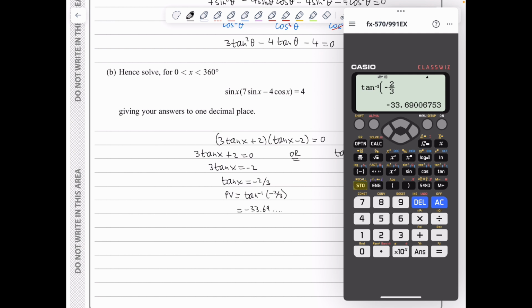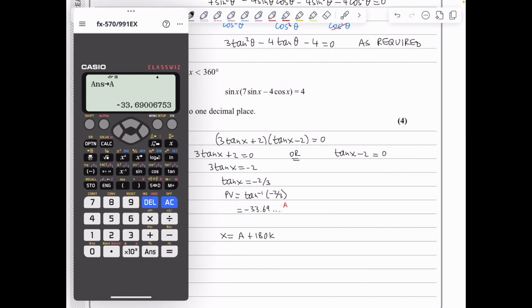I will store this in A to be used later. So I write an A here, and we know that when we are solving trigonometric equations involving tan, the solutions are given by x being the PV of A plus 180k, and I will then proceed with tan x minus 2 being 0. So we've got tan of x is equal to 2. The PV now is given by shift tan of 2.